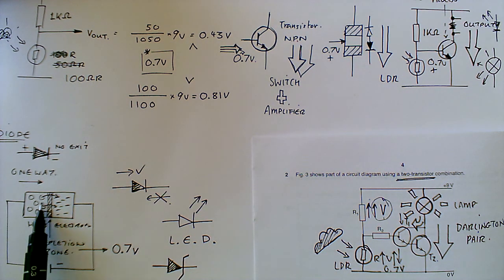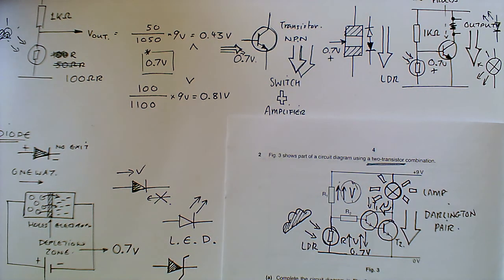And we've understood that the nature of the diode is that it's got material with positive holes on one side and excess electrons on the other, but that there's a barrier in the middle, and that this depletion zone requires at least 0.7 volts for a current to flow, to overcome that barrier.